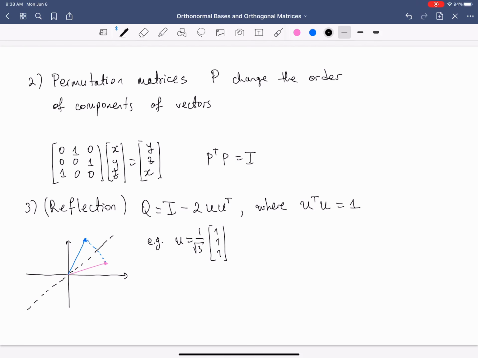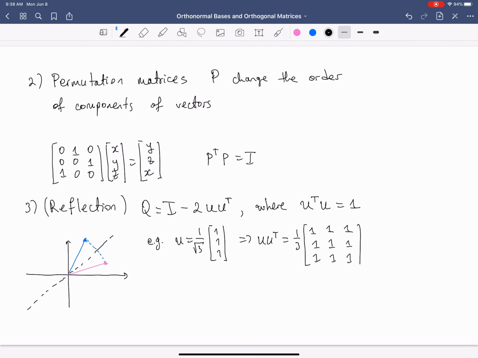So then what the matrix U U transpose would look like from here: I will have a root 3 from U and a root 3 from U transpose, which I can factor out. So I will have a third times a big matrix, which literally is a matrix of 1s. This is a rank 1 matrix.